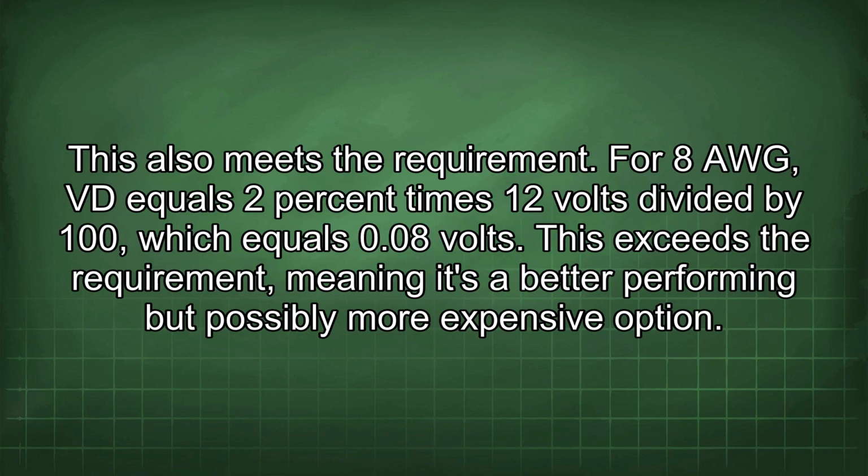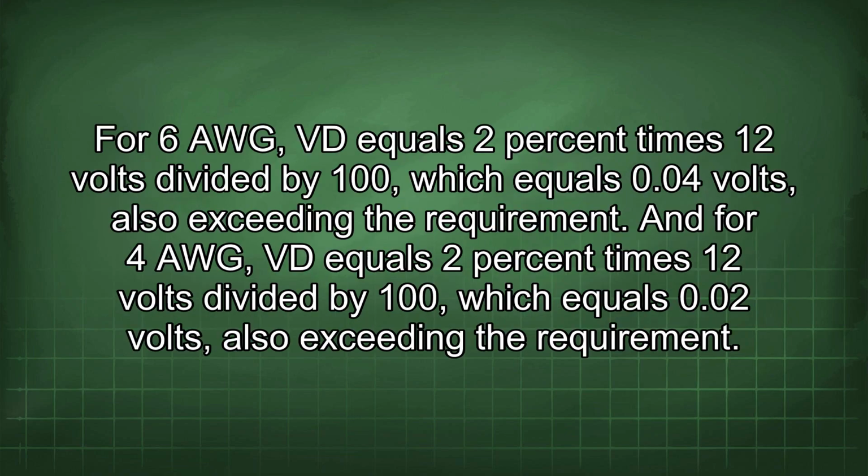For 8 AWG, VD equals 2% times 12 volts divided by 100, which equals 0.8 volts. This exceeds the requirement, meaning it's a better performing but possibly more expensive option. For 6 AWG, VD equals 2% times 12 volts divided by 100, which equals 0.4 volts, also exceeding the requirement.